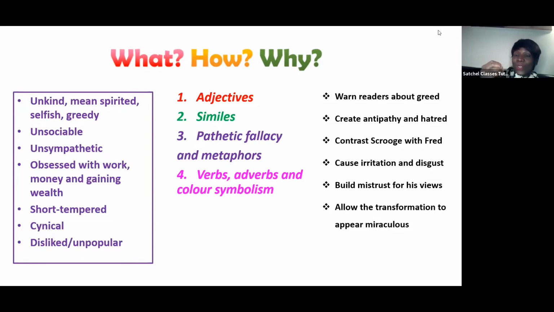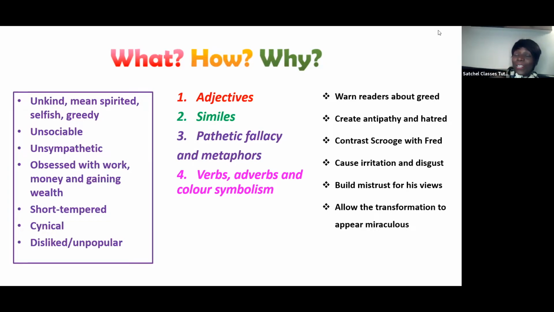So when he starts to be negative and insulting about the poor and the needy, we know that we cannot agree with him because of the antipathy and the irritation and disgust we feel. But also in the novel as a whole, because we can see that it's about transformation and change, it allows us to understand that transformation in this person is miraculous.